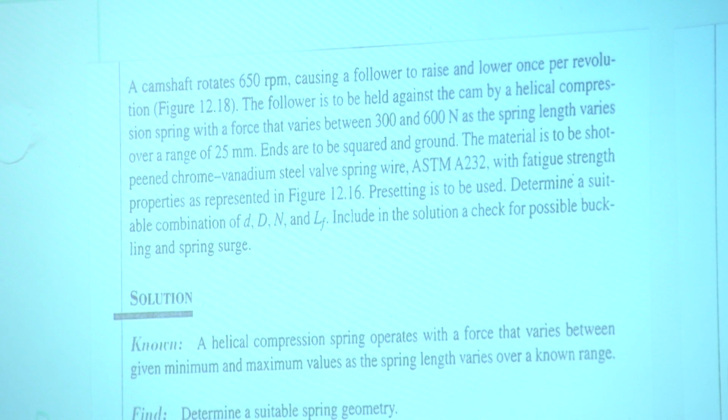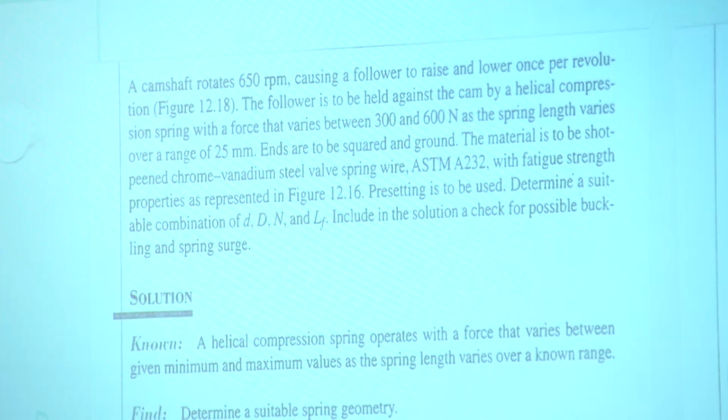Sometimes you have some clues. For example, if a compression spring is to fit inside of a hole, then obviously its outer diameter must be smaller than that of a hole by some small margin. And so that gives you a clue as to what the outer diameter should be. So you may not have to do anything with that.